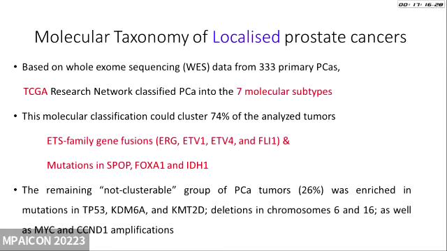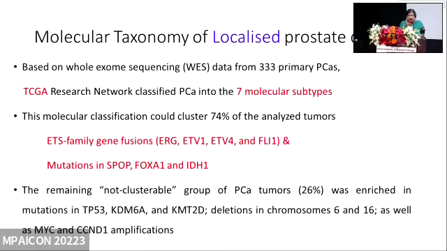There are fusions and mutations which were identified, and these are E26 transformation specific, ETS family of gene fusions: ERG, ETV1, ETV4, FLI1, and mutations are in SPOP, FOXA1, and IDH1 genes.